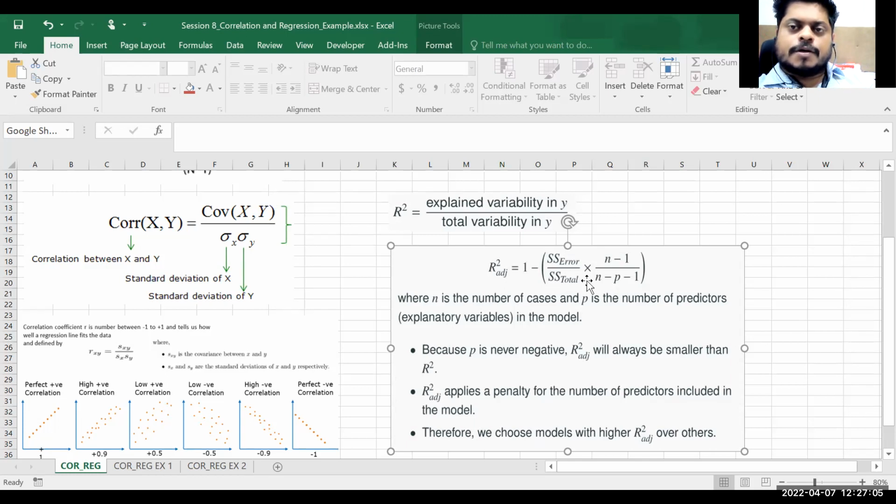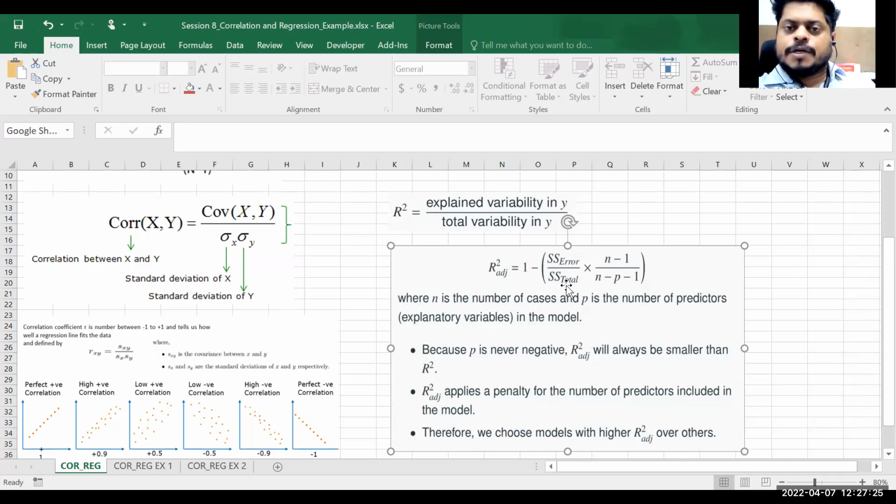Yes, sir. Now the challenge is what we did not discuss: this SS error to SS total ratio will not remain constant. If I am taking a predictor which is a good predictor, the SS error value is going to decrease, because I'm decreasing the error in the model.